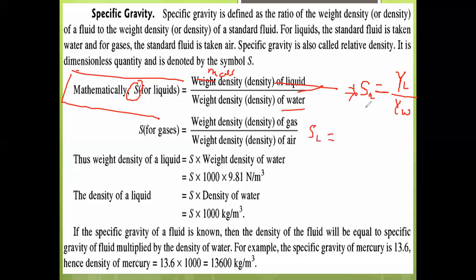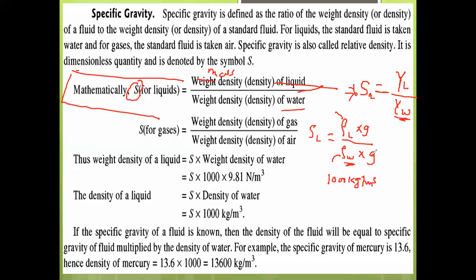Now instead of gamma L, I can write rho L into g, and for water also I can write rho W into g. What are rho L and rho W? Rho L is the mass density of that liquid, and rho W is the mass density of water. What is the mass density of water? It is 1000 kg per meter cube, right?